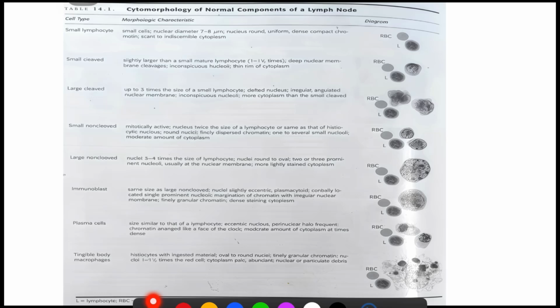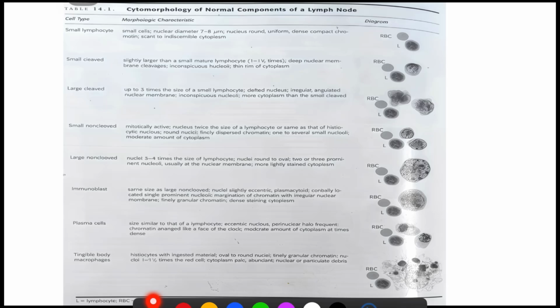Small cleaved cells, as we have already discussed, are slightly larger than small mature lymphocytes. Large cleaved cells have a cleft in the nucleus, and they are up to 3 times the size of the small lymphocytes. Because of the cleft, they are called cleaved.